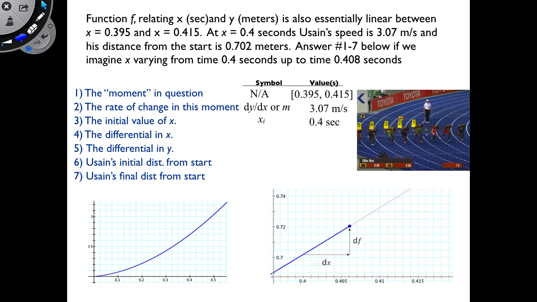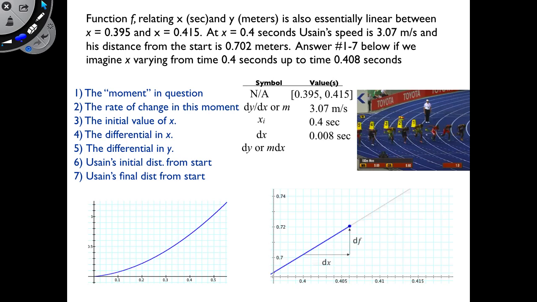So the initial value of x is 0.4 seconds into the race, the beginning of when we start measuring things. We go forward in time by 0.008, 8,000ths of a second. And during that time, this is within this moment where we have an essentially constant rate of change.